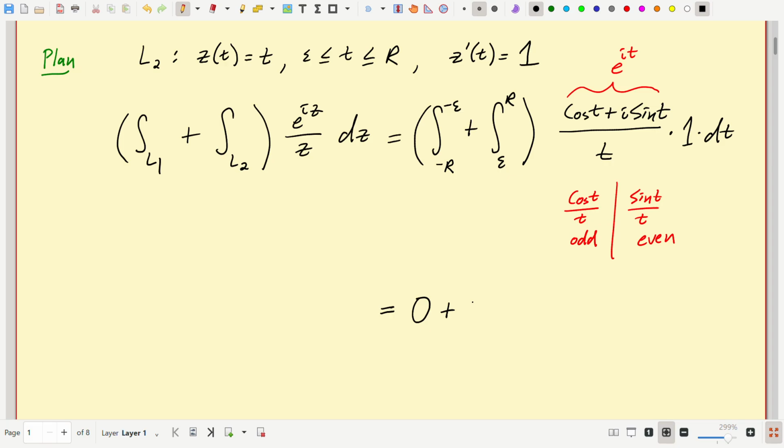And so instead of writing it the way I have, I can write it as 2i times the integral from epsilon to R of sine t over t dt. And that's what I want. So there's hope that I'm going to get the integral I want.